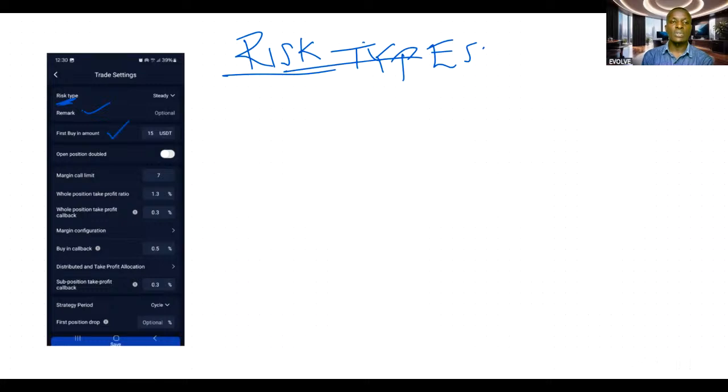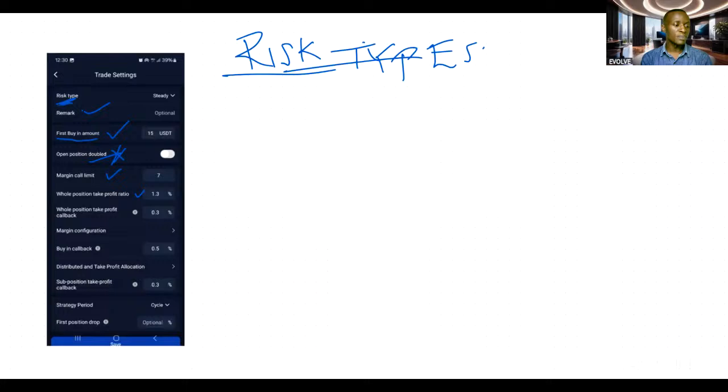I'm going to leave this one out, the open double position. We rarely use that. Then we have margin calls. We have whole position take profit. I think there is one that I am missing that is not here, which I would love to see here as we jump into today's topic.